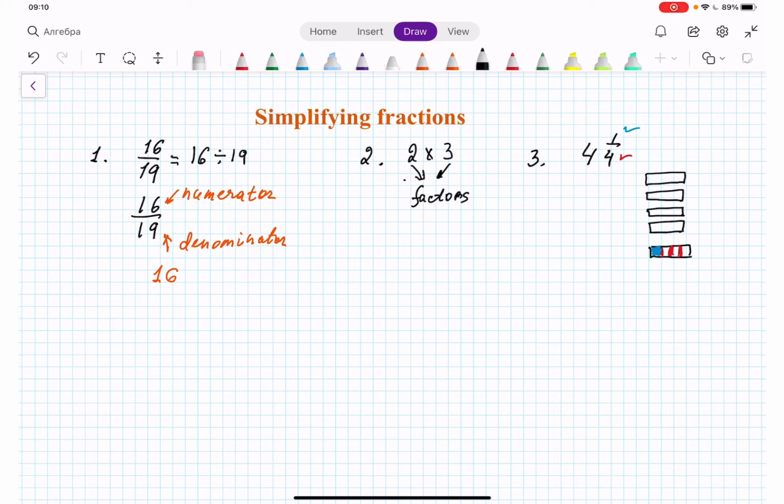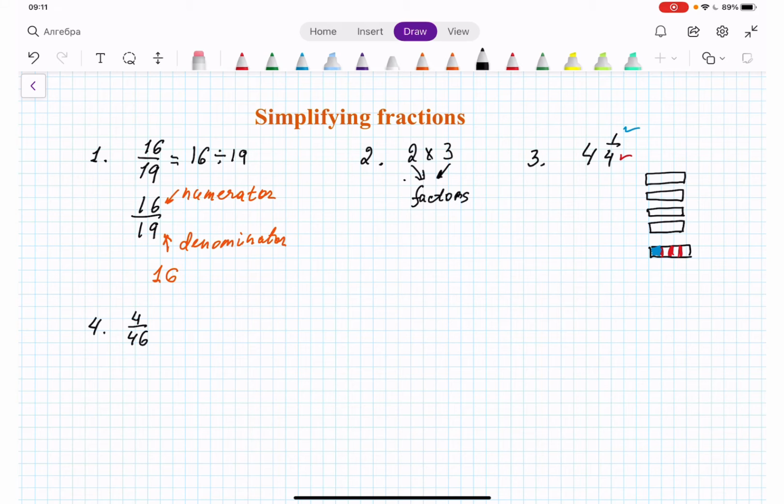Question number 4. Write down the given fraction in the simplest form. 4 over 46. As I mentioned above, the fraction line means division. But when we do simplification, first of all, you need to know division well.